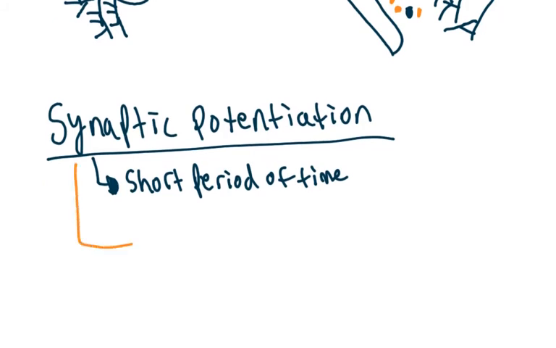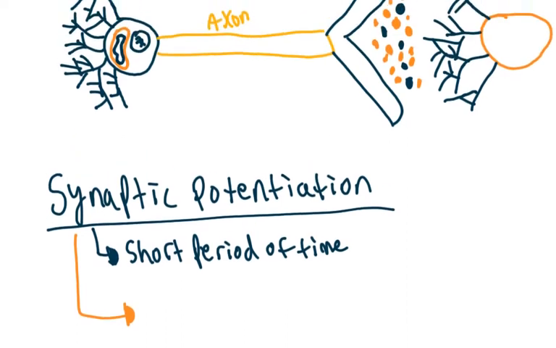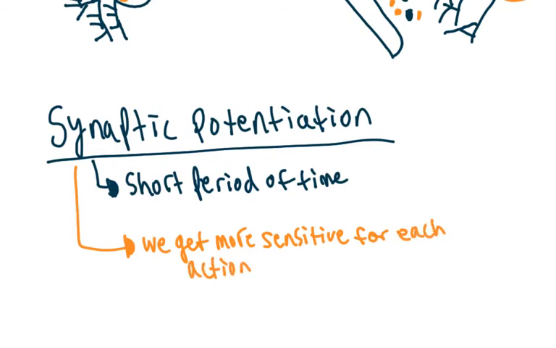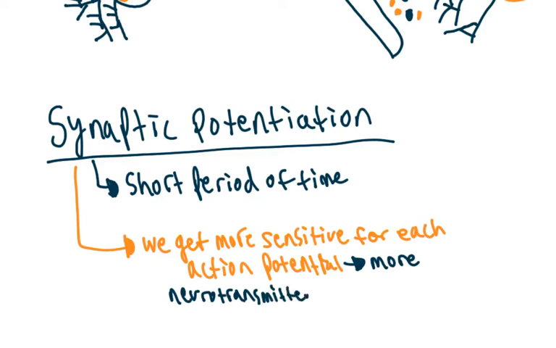So one thing that we learned for synaptic potentiation is that we get more sensitive, all right? So we get more sensitive at the axon terminal, or in the synapse where the vesicles are, where the neurotransmitters are sitting there waiting to be released. We get more sensitive for each action potential, and that causes, for synaptic potentiation at least, more neurotransmitters to be released for each action potential.